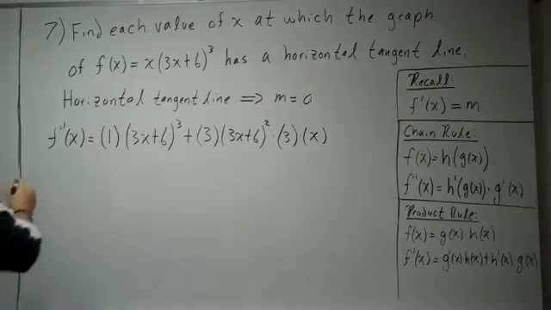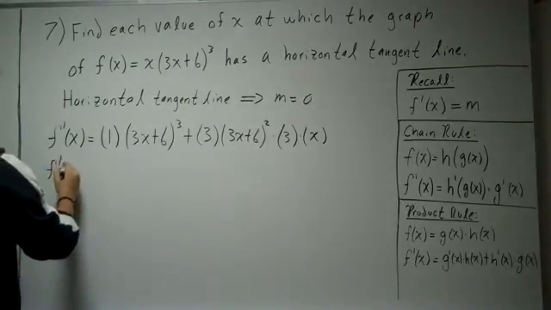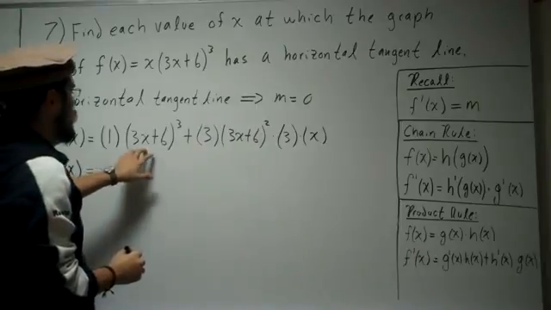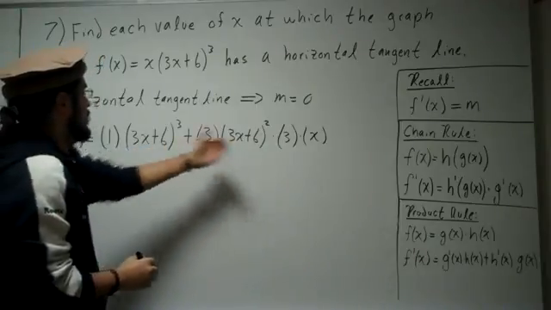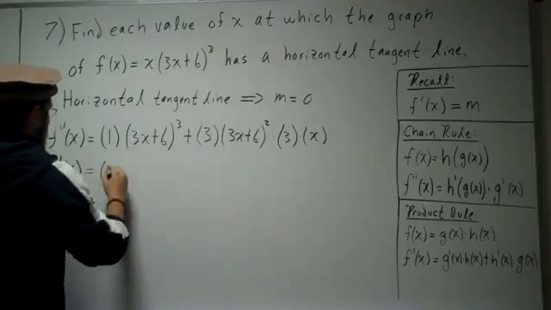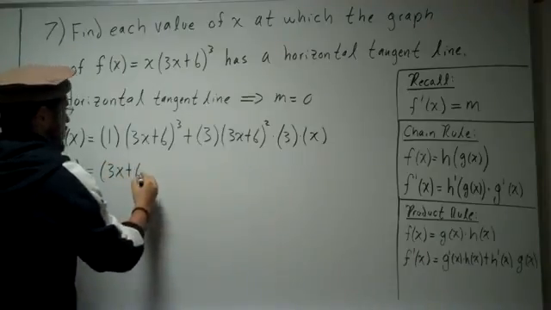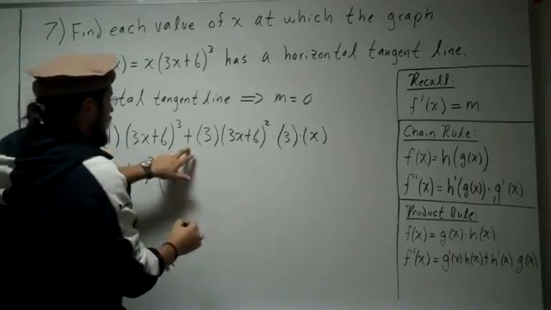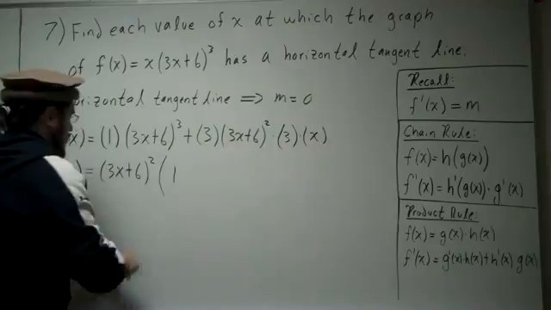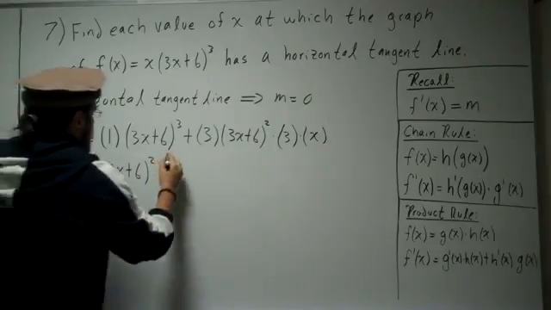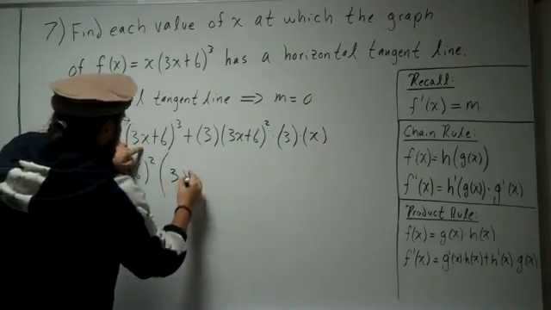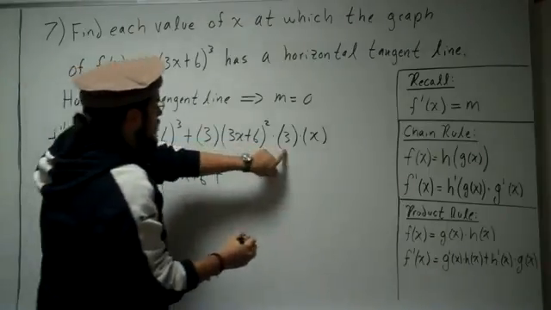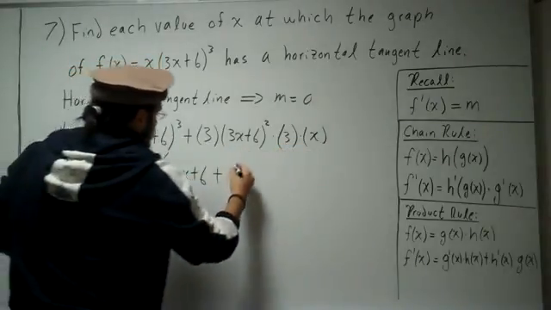Let's go ahead and do some algebra here. So we already did the calculus. From these two terms, we can factor out (3x + 6) squared. Let's go ahead and factor that out. We're left on the inside with one of these, plus 3 times 3, 9, and 9x.